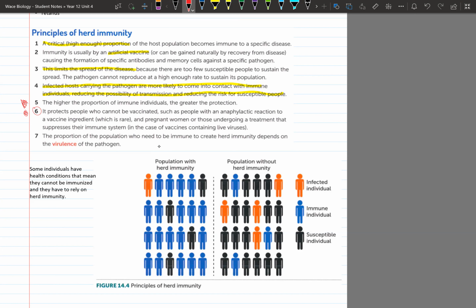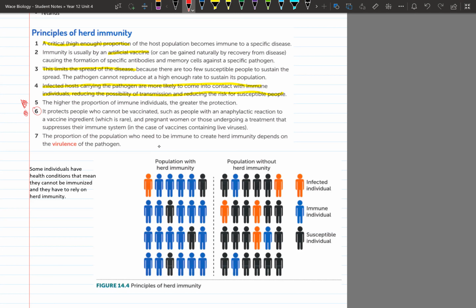Or, as we've probably heard, pregnant mothers. It's a lot more difficult for them to get vaccinated, just by the sensitivity of the baby. So these additional parameters basically describe what herd immunity is.